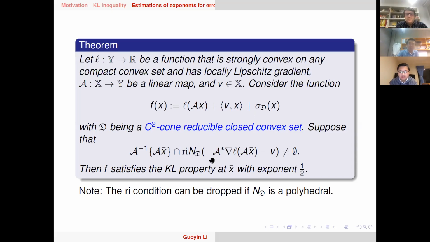Okay, under a relative interior condition, you can also show that the KL exponent is actually 1/2 in this case. Okay, so the strategy is also very much similar. You lift it up as a conic programming problem, and then you use the error bound for the conic program to do that. Okay, and of course, sometimes the relative interior condition can be dropped, because what we require is indeed the bounded linear regularity condition, and this is actually true when the normal cone is a polyhedron.